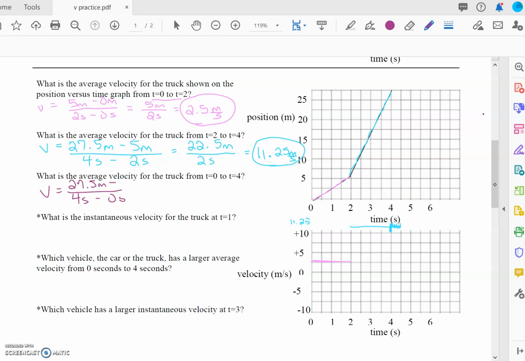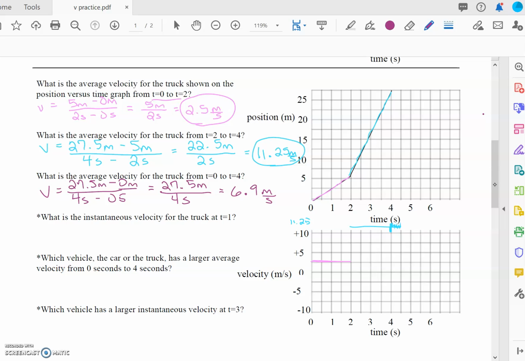And the original position is 0 meters at 0 seconds. So you get an average velocity of 27.5 meters in 4 seconds. You can go ahead and divide that out, and you get 6.9 meters per second. I did a little bit of rounding there.